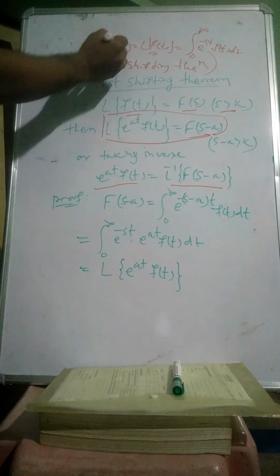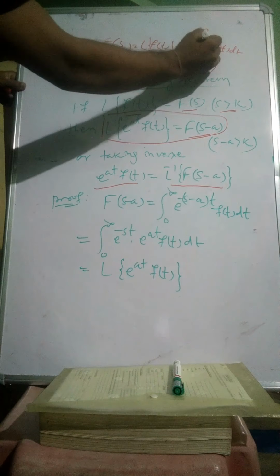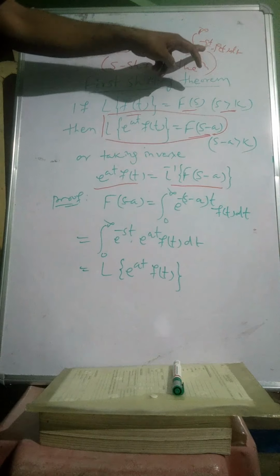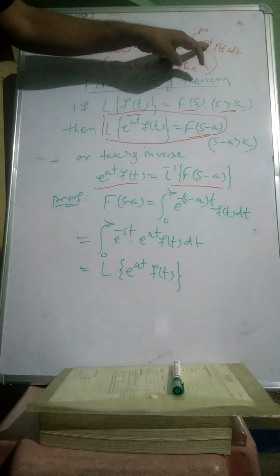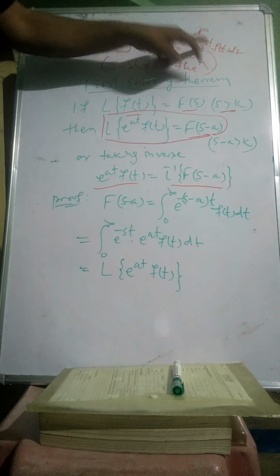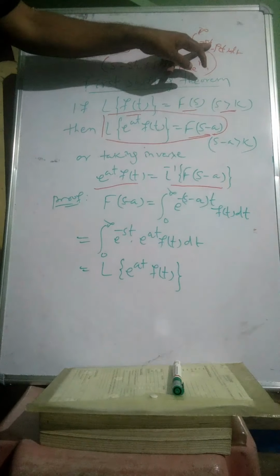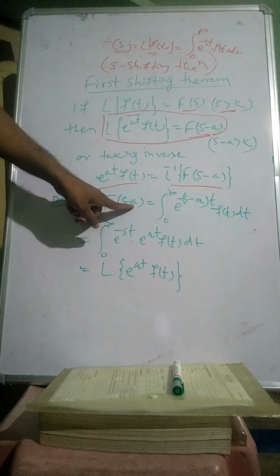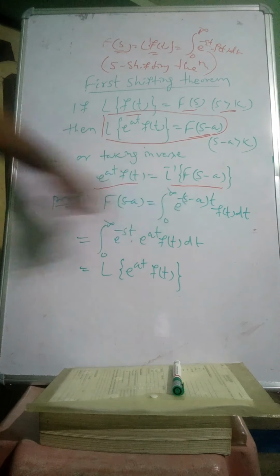So for F of s, note that here it is s. When we took F of s, the integration is from 0 to infinity, e to the power minus st. Now we have to write F of s minus a, so in place of s, it will be s minus a.